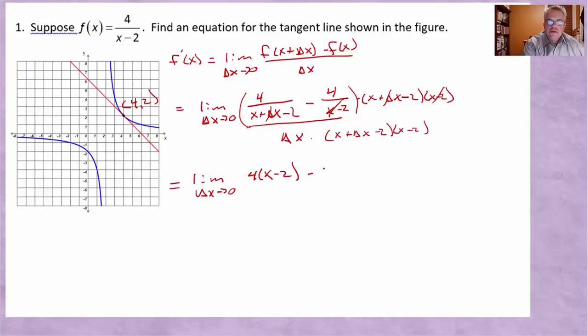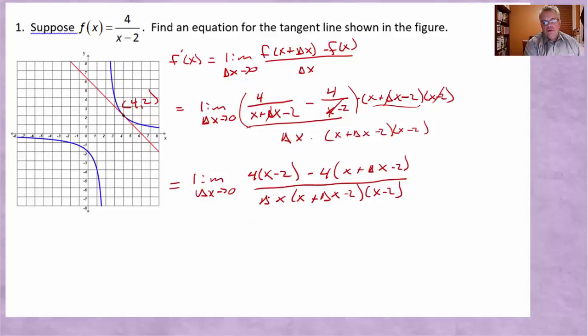So I have minus 4 times x plus delta x minus 2. And in the denominator, I have a bunch of stuff: delta x times x plus delta x minus 2 times x minus 2.